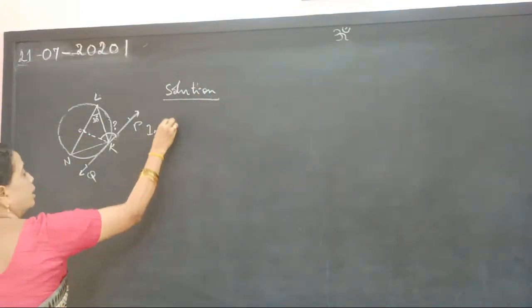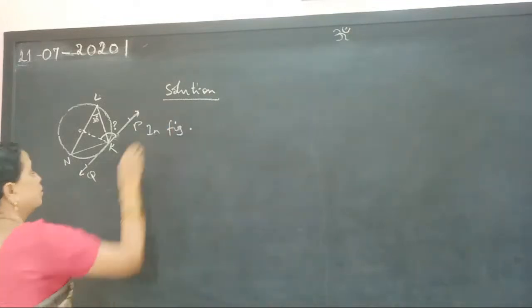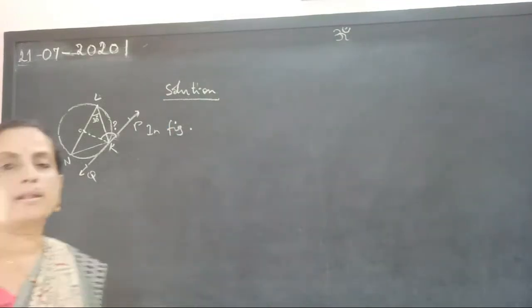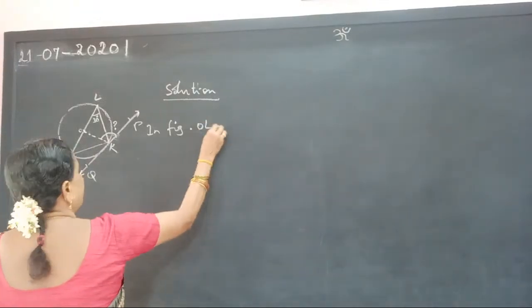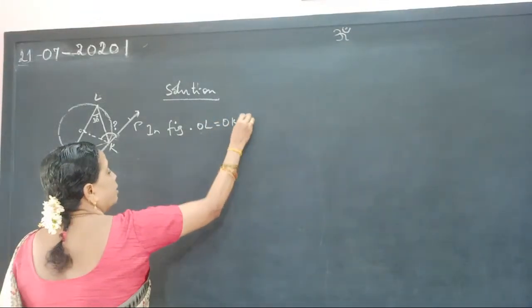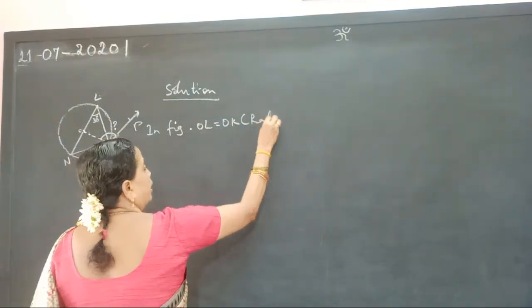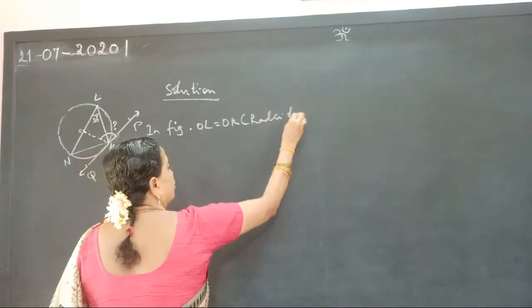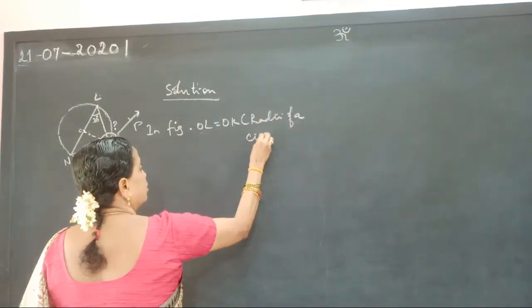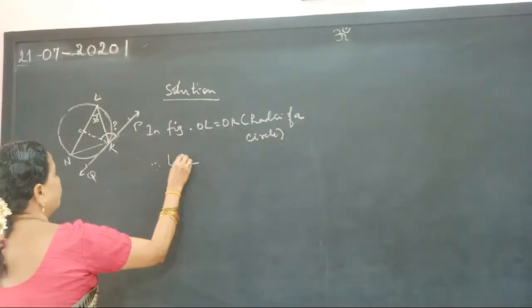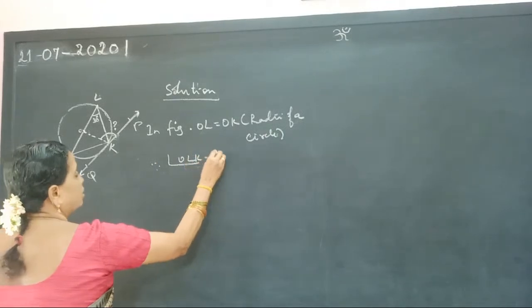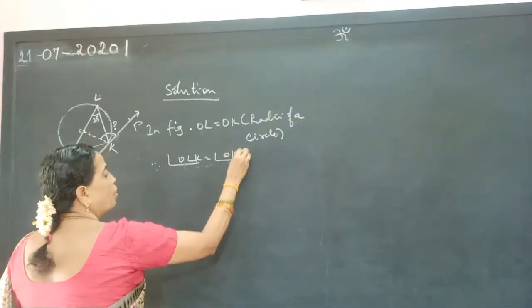In the figure, OL equals OK, radii of a circle. Therefore, angle OLK equals angle OKL.